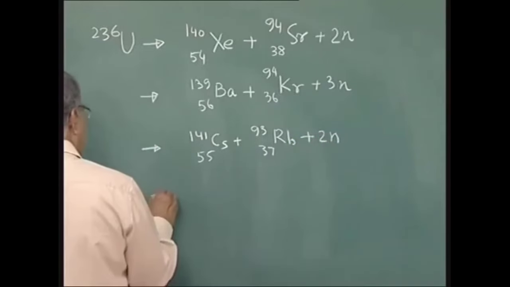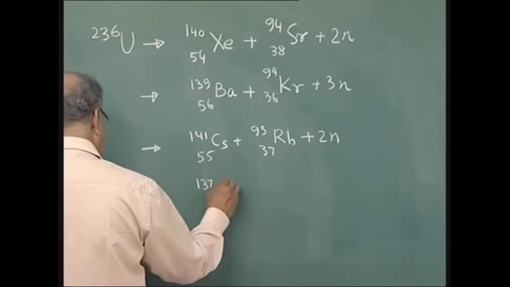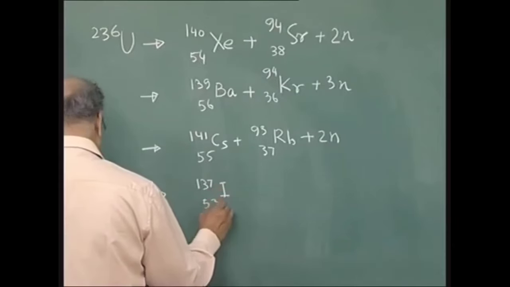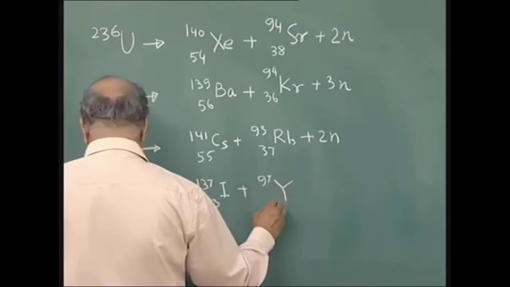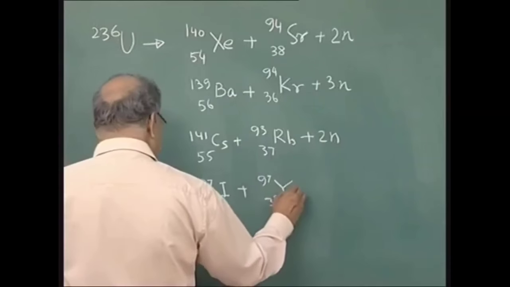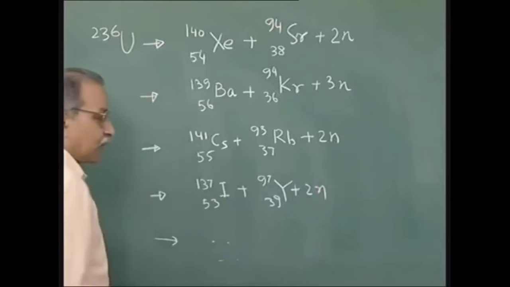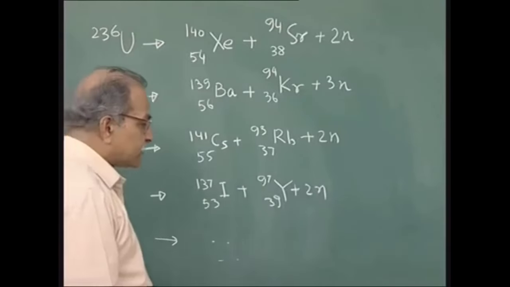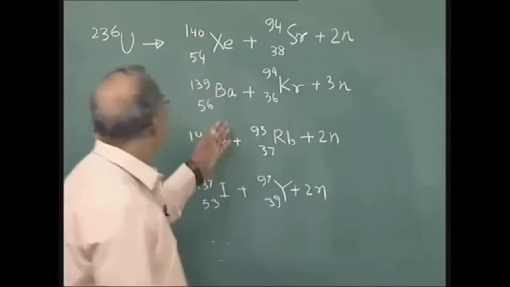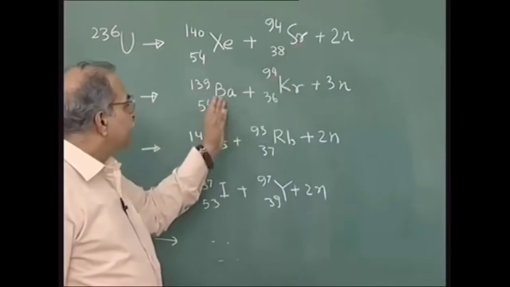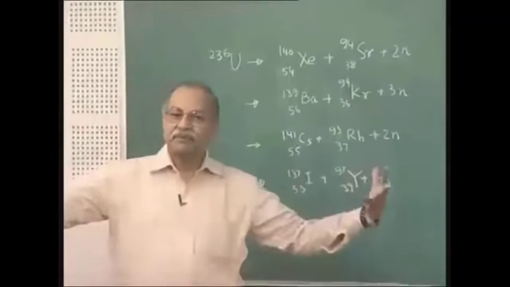You can also have reactions like 137 iodine 53 plus 97 yttrium 39 plus 2N, and so on. You can have many more. So, what are the reaction products? The reaction products are xenon, strontium, barium, krypton, rubidium, iodine, yttrium, and many things.